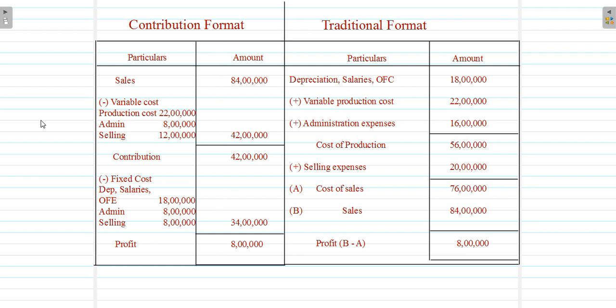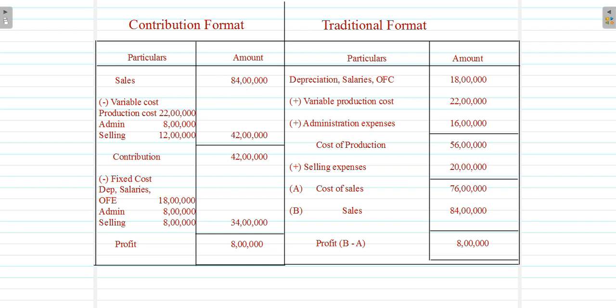Alright. So first let's go through the contribution format. In the contribution format, we will first determine the contribution, that is sales minus the variable cost. We will determine the contribution, and from the contribution we deduct the fixed cost to determine the profit. So sales is already given, which is 84 lakhs.